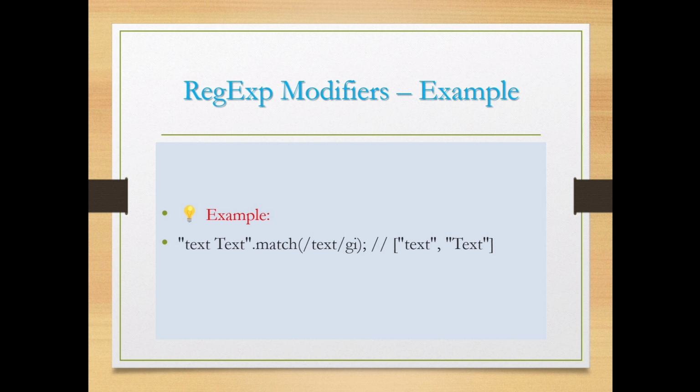Inside match of I am taking slash test and slash gi. G means global, i means ignore case. It will ignore cases and match to text and Text and display both in small and upper cases. Next we will see its execution part.